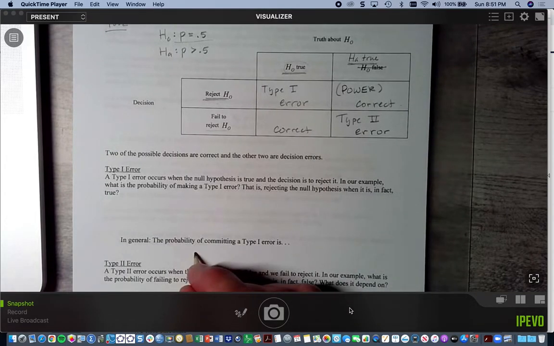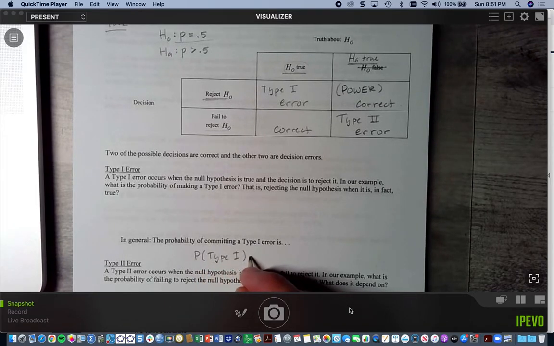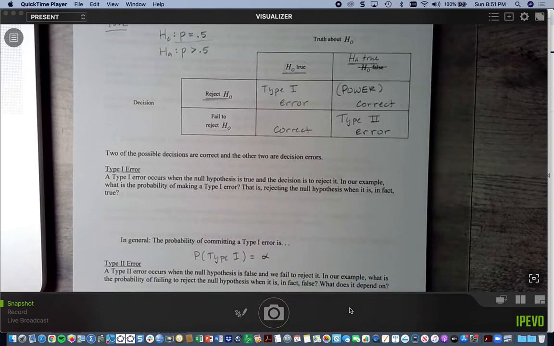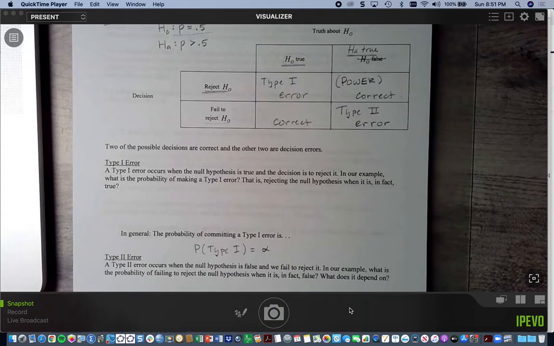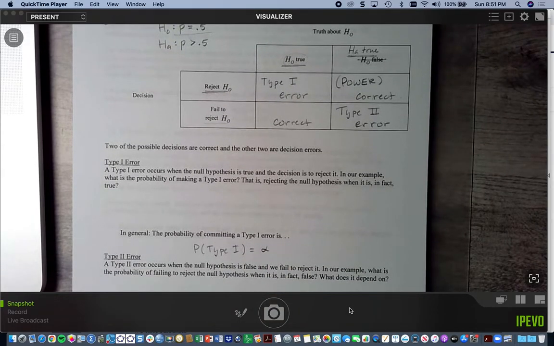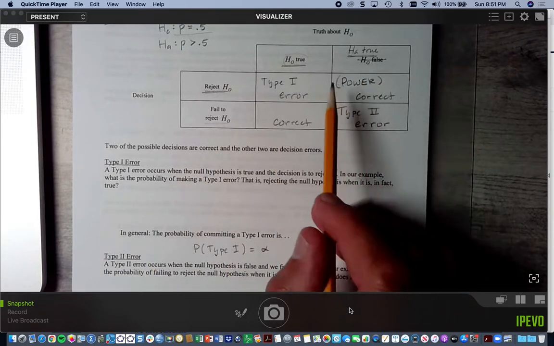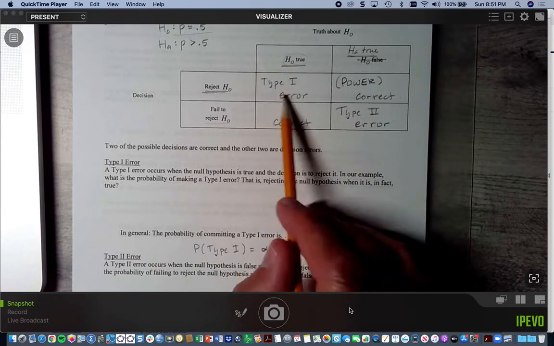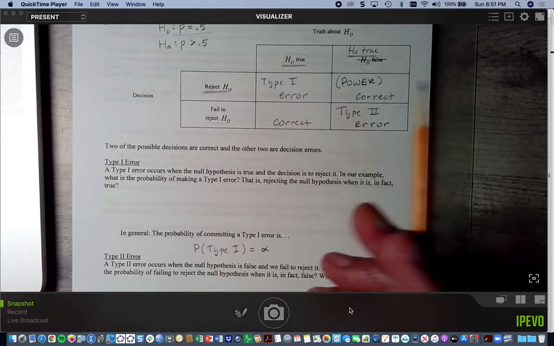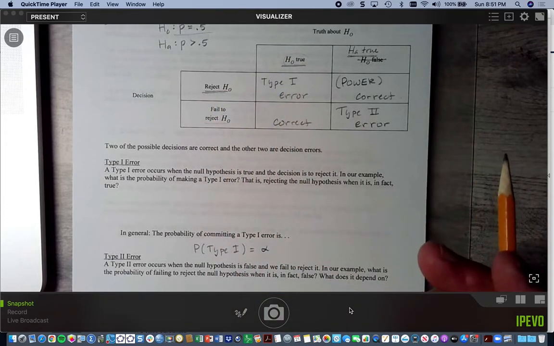So the probability of a type 1 error is equal to whatever alpha level you set. So if you want to be fairly confident that you're not going to make a type 1 error, you probably want to make the alpha level something relatively low.